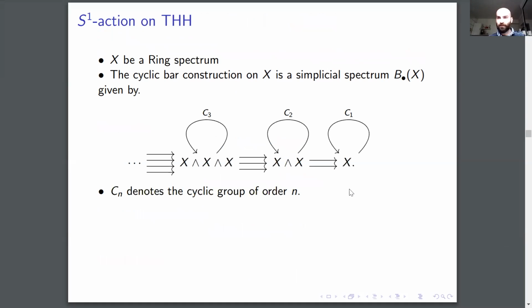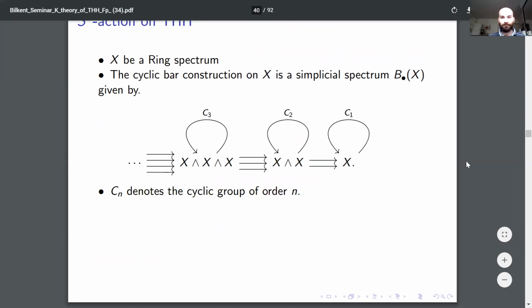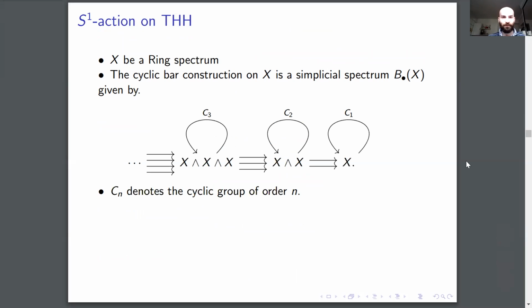Okay, so going towards the definition of TC. There is this action of C_n at each degree in here, right? C_1 is the trivial group, so there is no action here. But C_2, by switching the factors, acts on X smash X. C_3 acts on X smash X smash X. And you end up having an action of C_n at each degree.